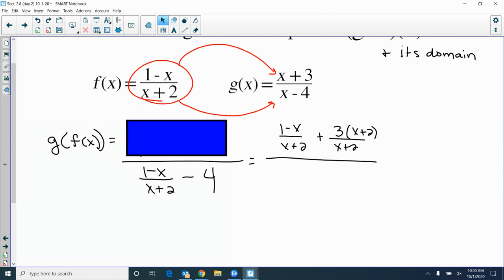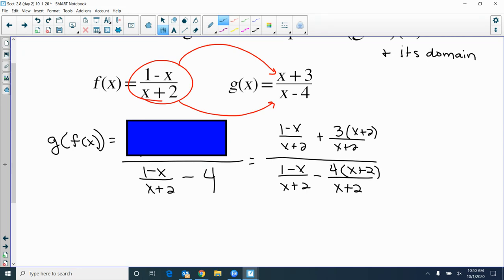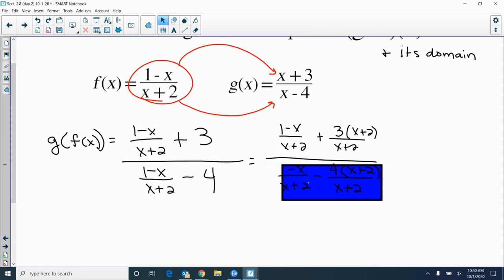Now the denominator is a whole other problem, but it's the same case. So I get a common denominator here. I get 1 minus x over x plus 2 minus 4 times x plus 2 over x plus 2. And so I really just continue this route, and I simplify. I do the numerator here, and I can write it over x plus 2.